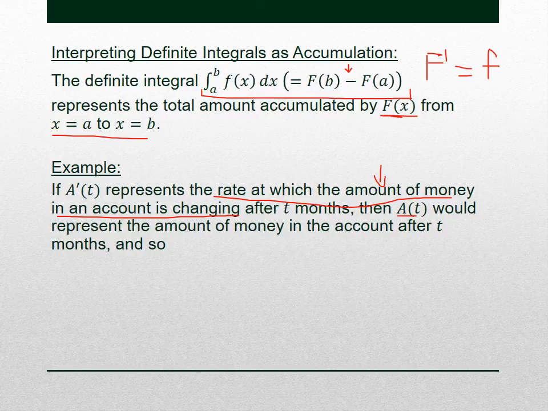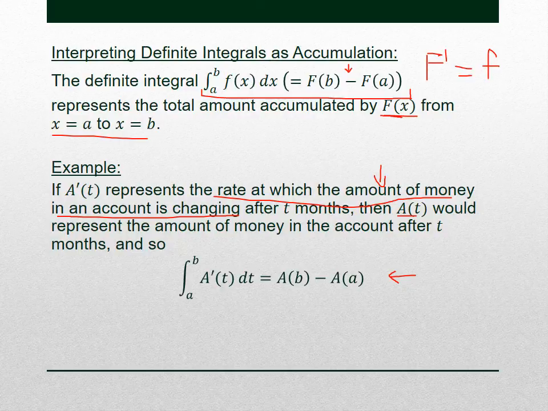after t months. And so that definite integral of A prime, this is the fundamental theorem of calculus, would be A of b minus A of a. And that is the accumulation of the amount from t equals a to t equals b.